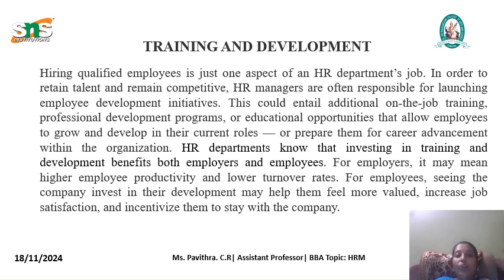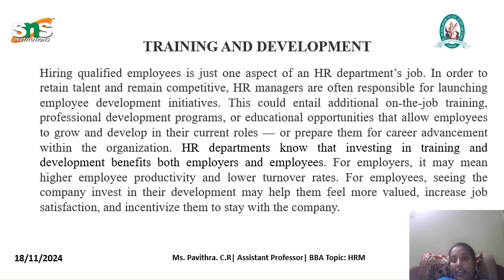Hiring a qualified employee is only a primary aspect of a human resource department. In order to retain that talented employee inside the organization, in the competitive world, without them moving on to a competitive organization, it is more the responsibility of an HR manager to launch employee development initiatives to retain the existing employees, and at the same time to make them more familiar with new technologies and new aspects introduced in their industry.